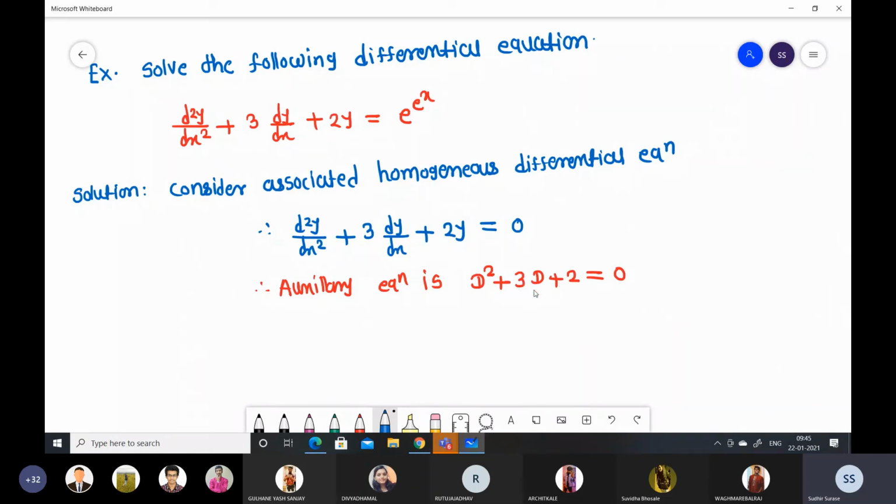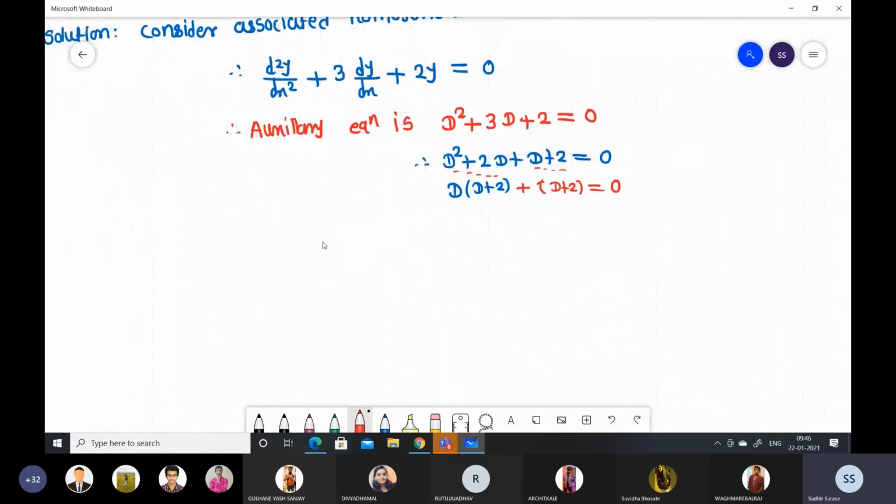So we want product 2 and addition 3, so I can write it this way: d square plus 2d plus d plus 2 is equal to 0, right? And now I can take d common from the first two terms, so d plus 2. And now I can take 1 common from the last two terms: 1 times d plus 2 is equal to 0. And now I can take d plus 2 common, so d plus 2 and in bracket d plus 1 will remain. So this implies d is equal to minus 2, minus 1 are the roots.